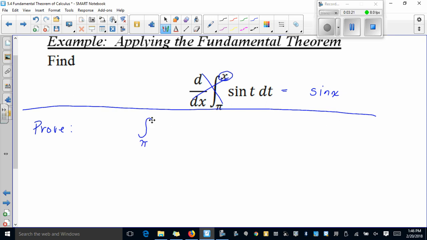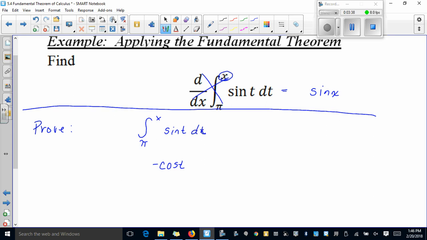And I need to evaluate this from pi to x.